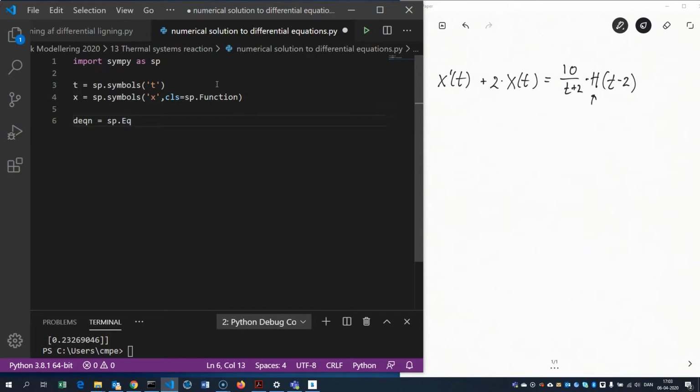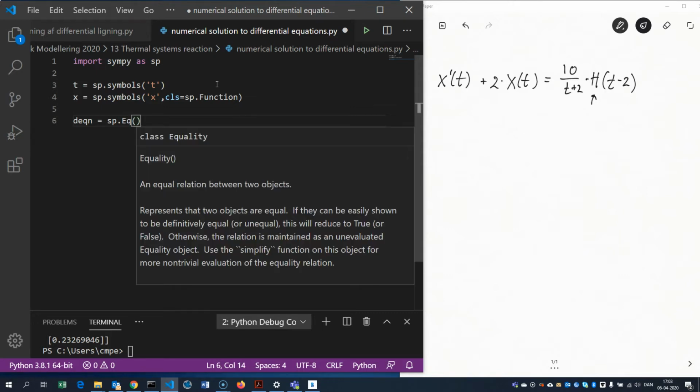I'll define it using the equation operator here.